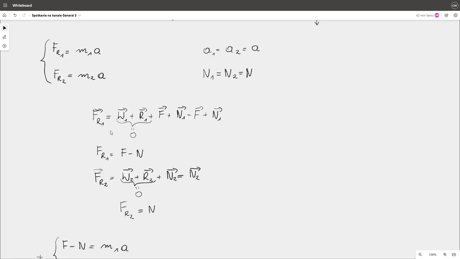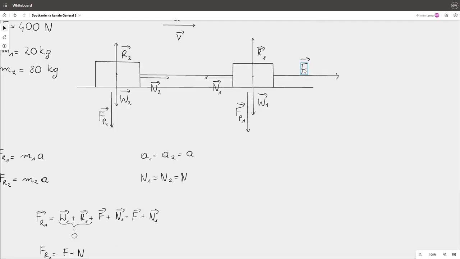At first, we'll find resultant force vectors Fr1, Fr2. Resultant force 1 is equal to sum of weight W1, normal force R1, external force F, and N1. External force, N1, normal force, and weight.